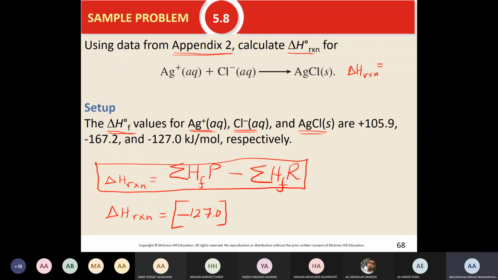And then what should I write? Minus, and then open parenthesis. And what should I write first? Next, 105.9, with a positive. And then what? Minus 167.2.